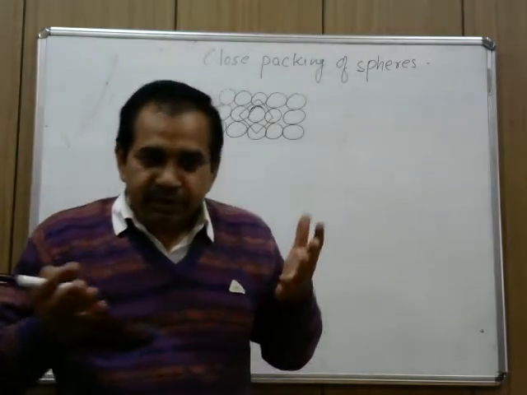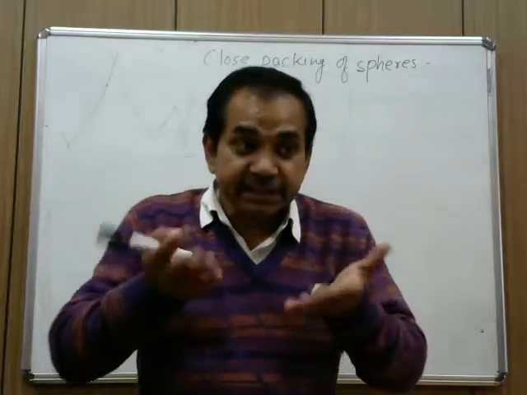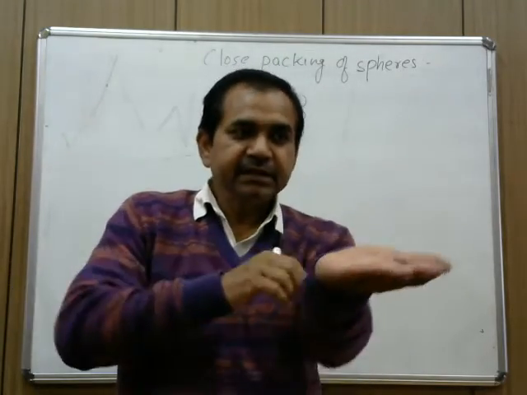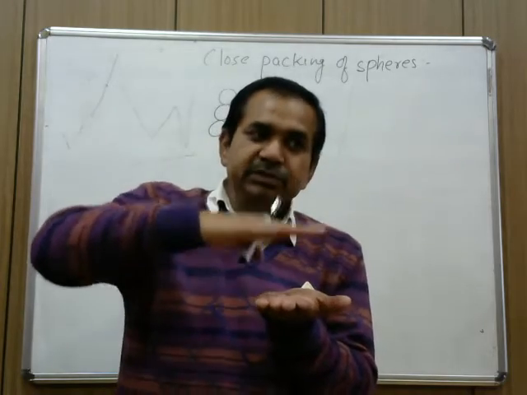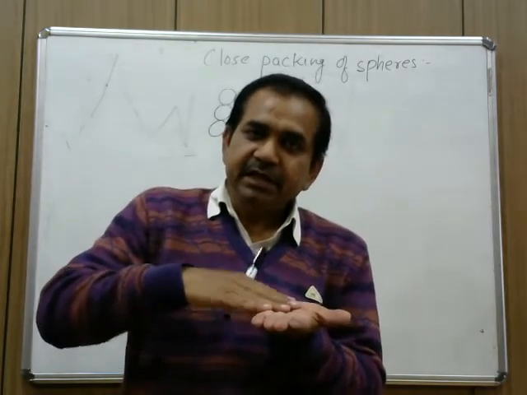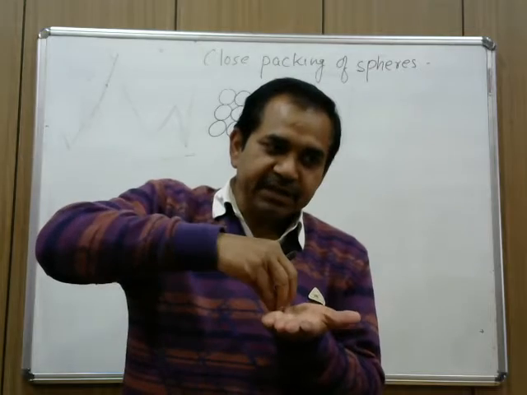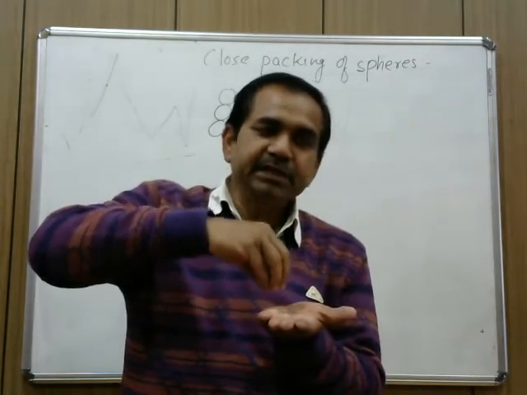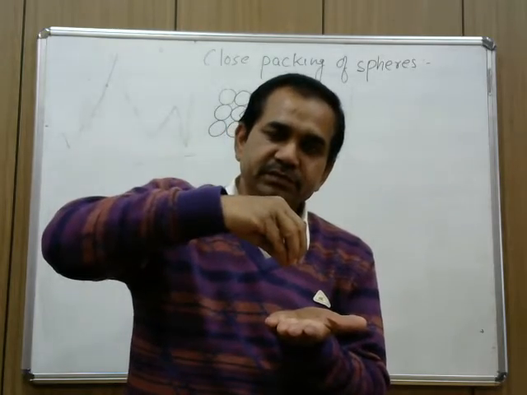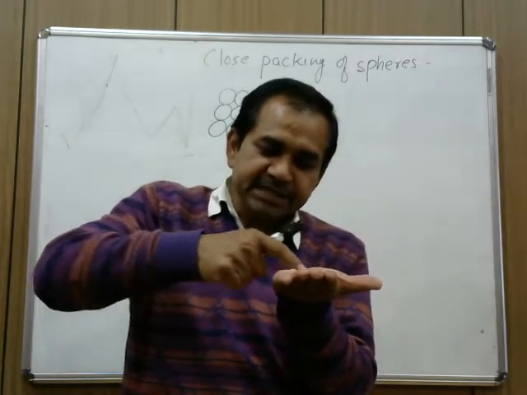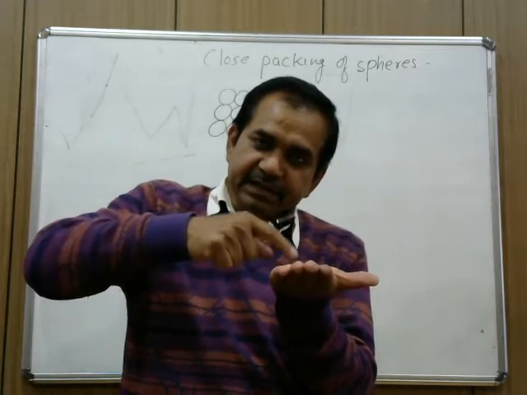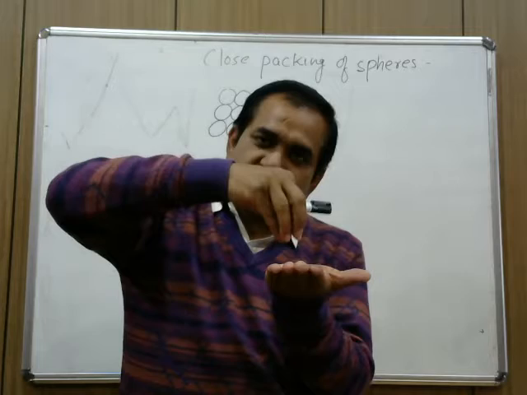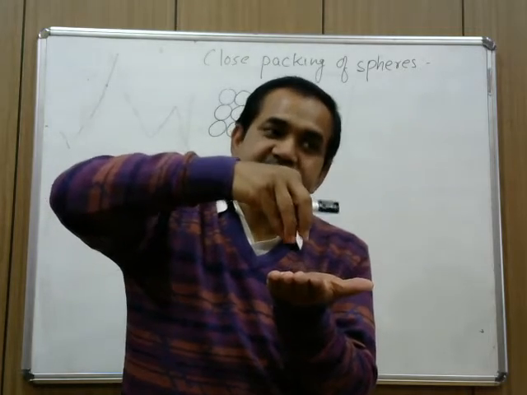Now when this square close packing is extended to the third dimension, particles of the second row are perfectly aligned with the particles of the first row. If this is the place of the first sphere in the first row, then this is the place of the sphere in the second row.